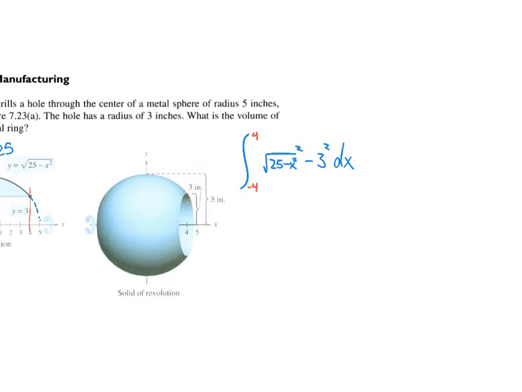Did anyone get an answer? 96 pi units cubed. Anyone else get that? Drew got that? Okay. So 25 minus x squared minus 9, so let's make that 16 minus x squared.